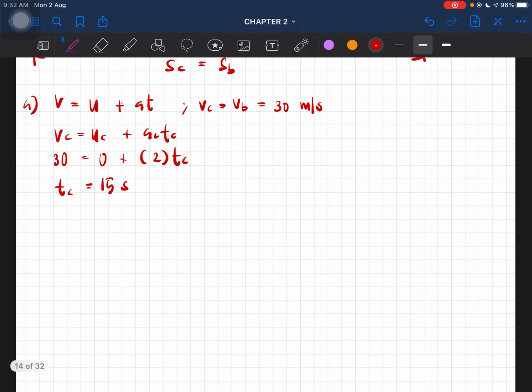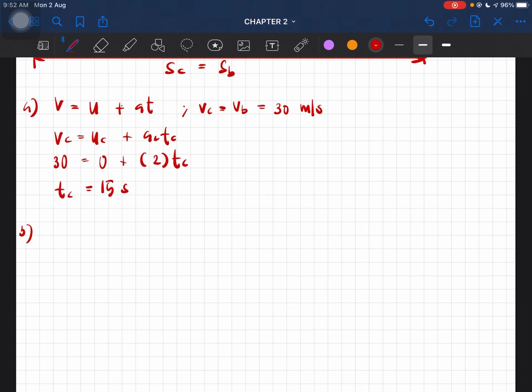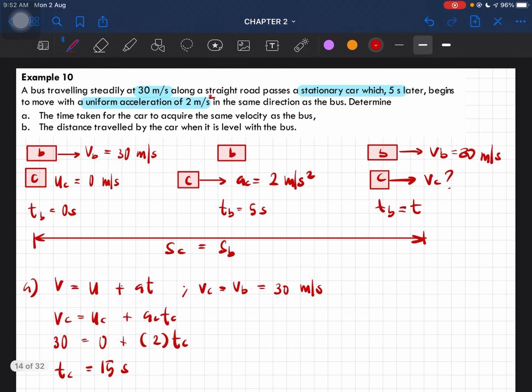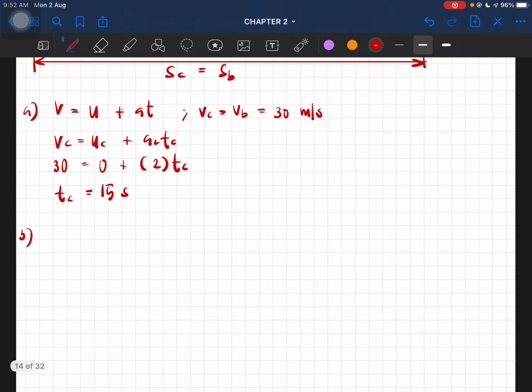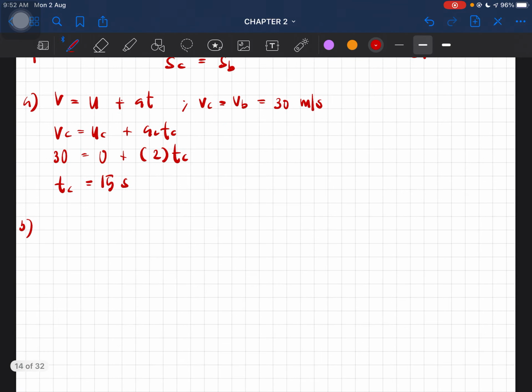Okay, then we can answer B. We have to find the distance traveled by the car when it is level with the bus. Okay, so what we can see is we have to find displacement of the car to be equal to the displacement of the bus. And then we can use the formula u_c t_c plus half a_c t_c square equal to the displacement of the bus.